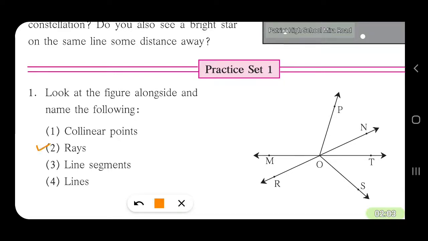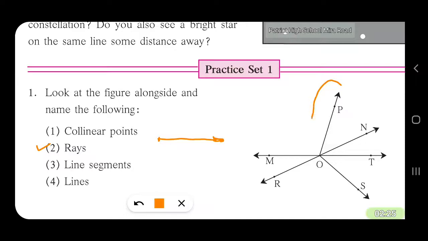Rays. Now let us find out which are the rays. A ray should have a source and it should have an arrowhead on only one side of the line segment. So this has a source point and an arrowhead. How many are there like that?